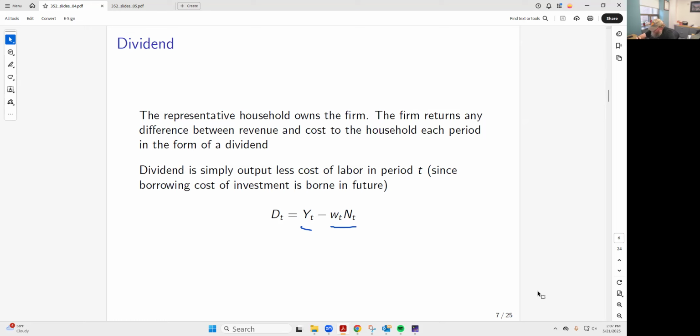The idea here is that households invest in firms and therefore, in a sense, publicly own them, right? And then the value of the firm to those public owners is this dividend. And the dividend is just output minus the cost of labor.